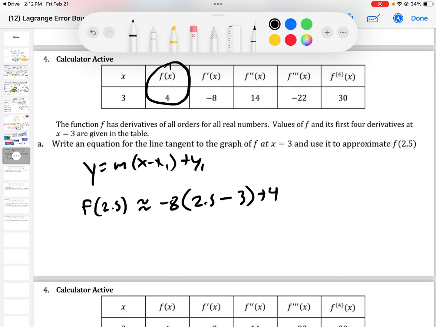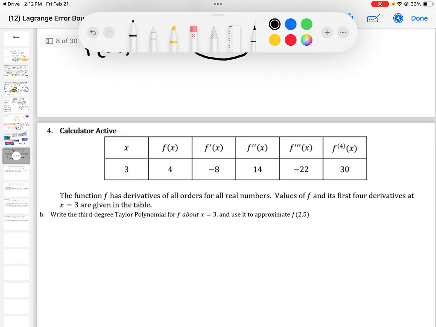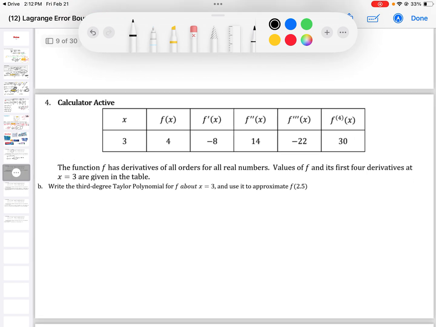We have the point 3, 4. So minus 3 plus 4. This would be equal to negative 0.5 times negative 8, which is 4, plus 4, so 8. So what we basically just did is a first degree Taylor polynomial approximation, and we got 8. All right, well, it's just a tangent line approximation.